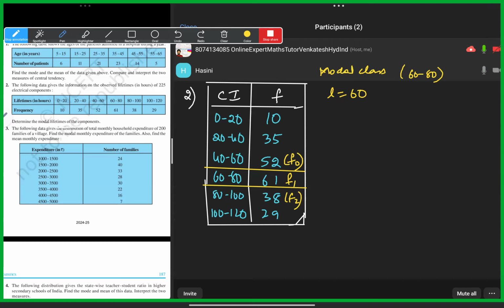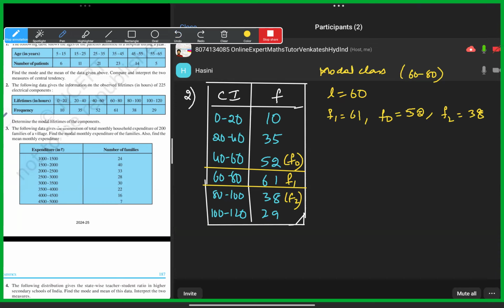Then we can see F1 value 61, F0 value 52, and F2 value as 38.